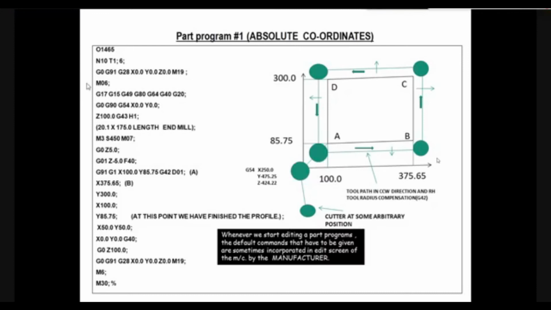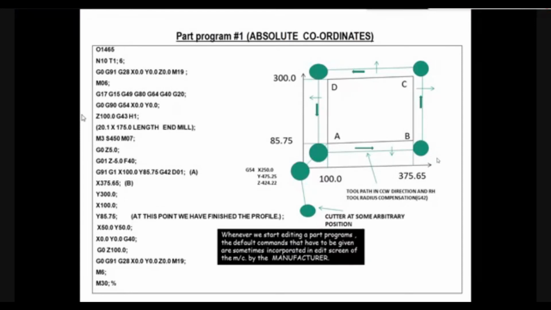So G0, Z100, G43, H1. That means the tip of the tool is moved towards the workpiece by maintaining a gap of 100 mm between workpiece front surface and the tip of the tool.